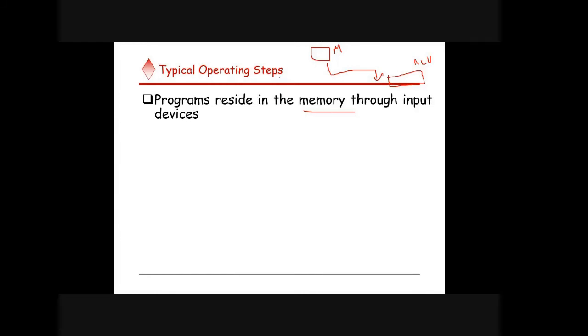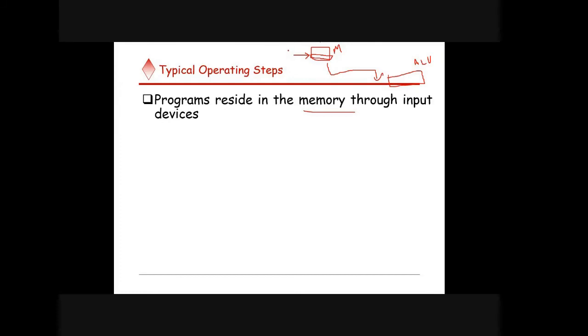But before that, the processor should tell the memory unit where the instruction is residing. How will the processor tell the memory unit? It will give the address of the instruction where it is present in the memory.